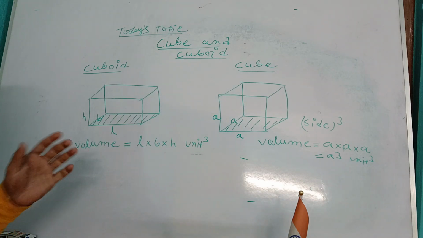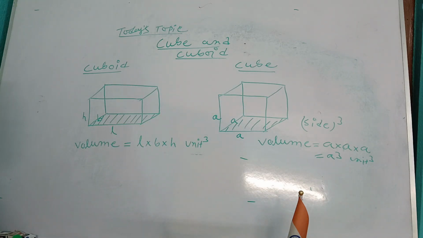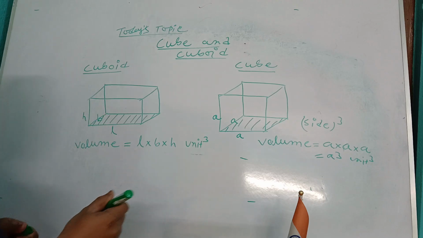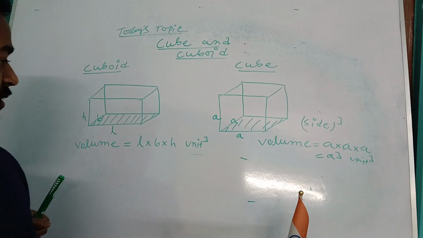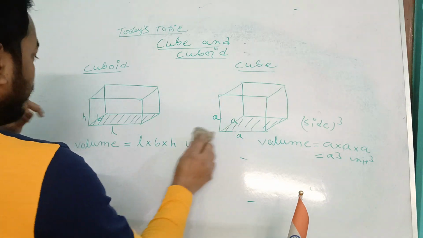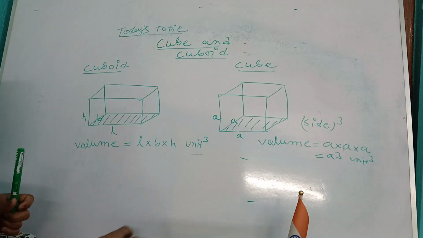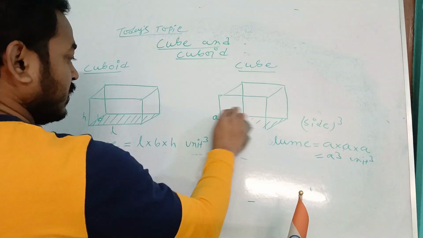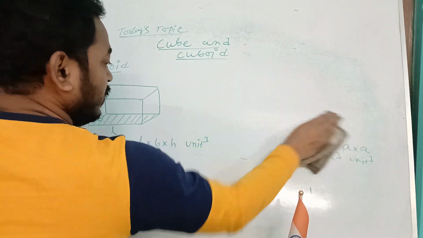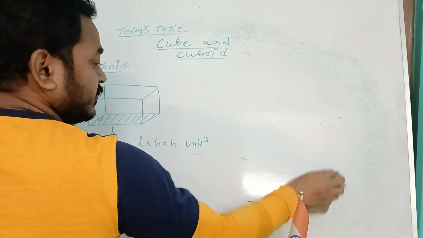So it is volume. Next one, see how many faces are there. If I draw, let me erase this part. I am erasing this and writing here. So first the cuboid, then we discuss the cube.